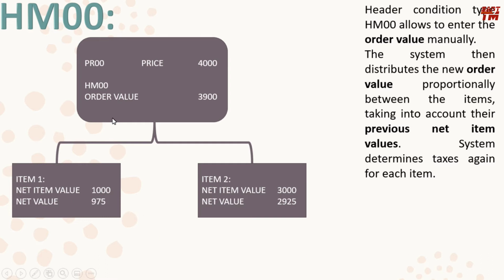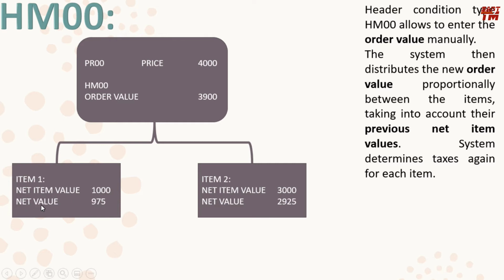So what will happen now? The SAP employee has entered that I will not consider this 4000. My manual price would be 3900 for this whole order. So this 3900 would also be proportionally distributed between item 1 and item 2. As one part of 4000 is here, one part of 3900 is 975 euros.